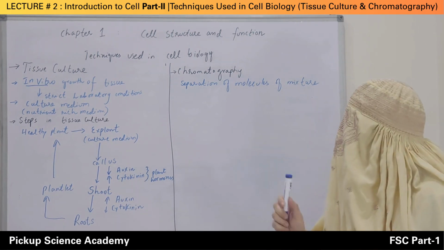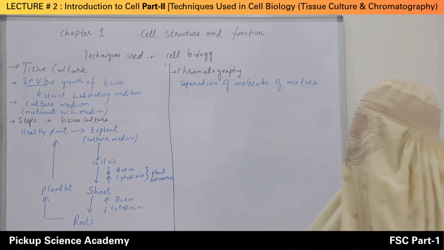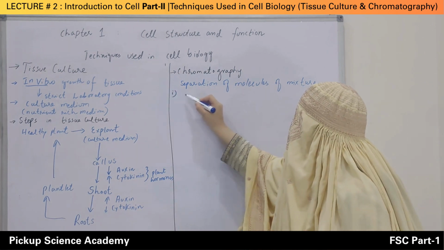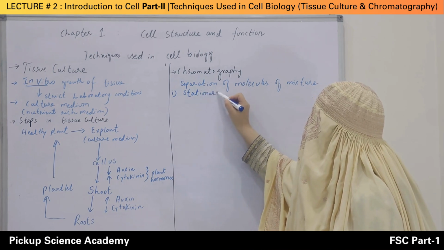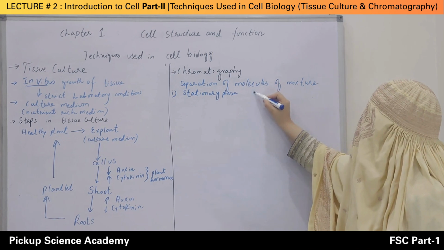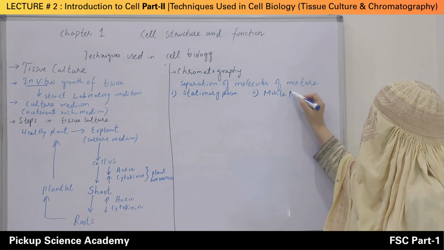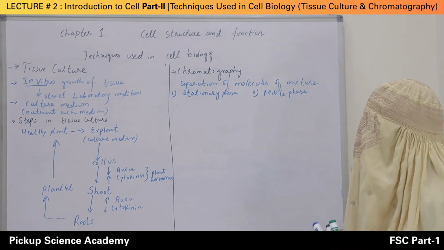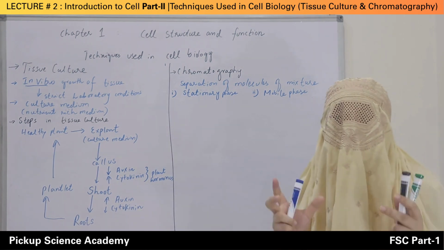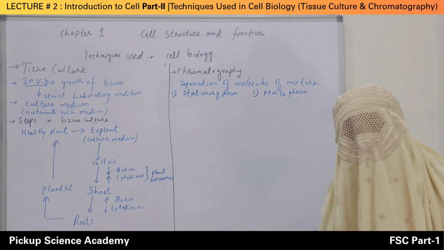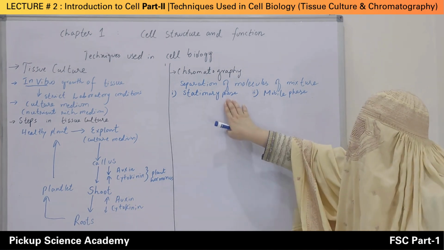Okay, and in chromatography technique, basically we use two phases. So one phase is stationary phase, and it is mobile phase. So what is stationary phase? Stationary phase is always fixed. Okay, it can be paper, it can be cellulose, it can be silicon. Okay, it is always fixed.